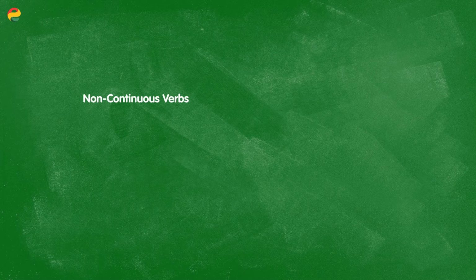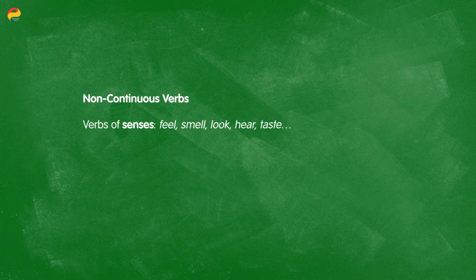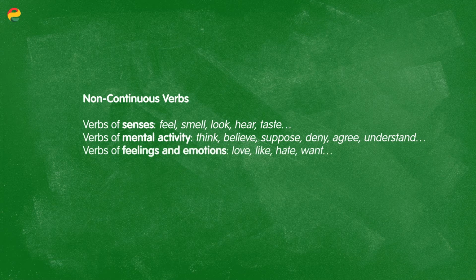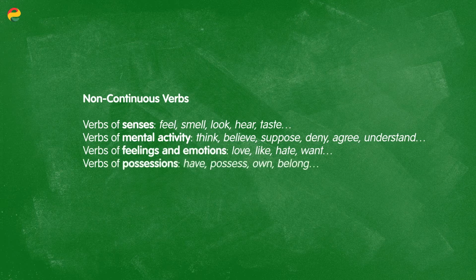So some verbs of senses, verbs like feel, sense, look, hear, taste, or verbs of mental activity like think, believe, suppose, deny. Some examples of verbs of feelings and emotions, verbs like love, like, hate, want, or also verbs of possession, have, own, belong.